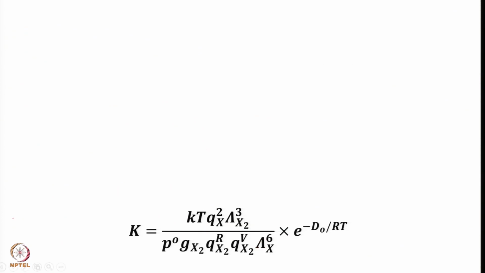what I have, I go back to this. K is equal to Qx m naught, okay. I am not writing because we assume it is standard state, this square over Qx2 m into 1 by Na into exponential minus D0 by RT. This is where we are.